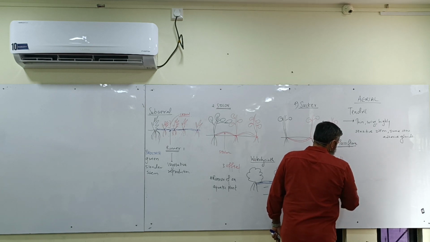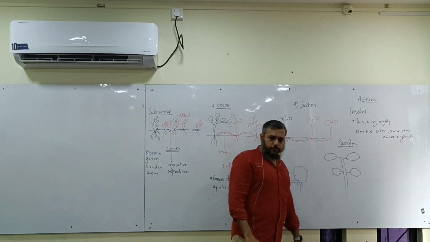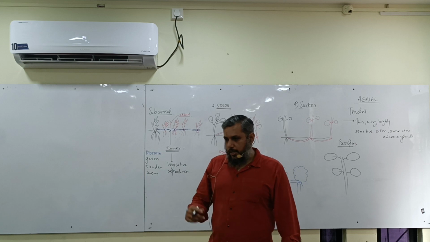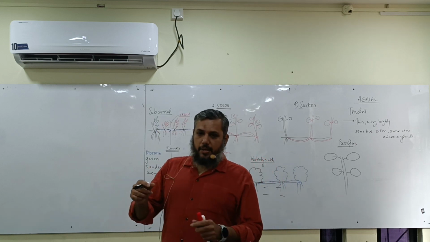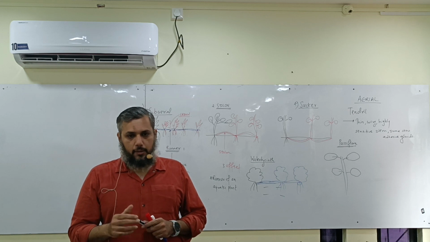And how is its original stem going to be? Strong or a weak stem? The main stem will be strong or weak? No, it will be a weak stem, just like a climber. The stem is weak.